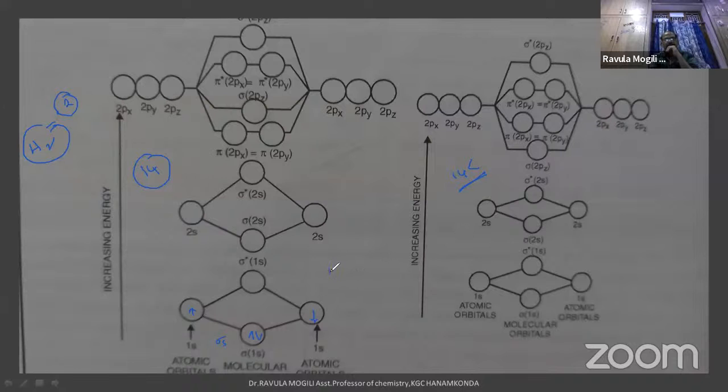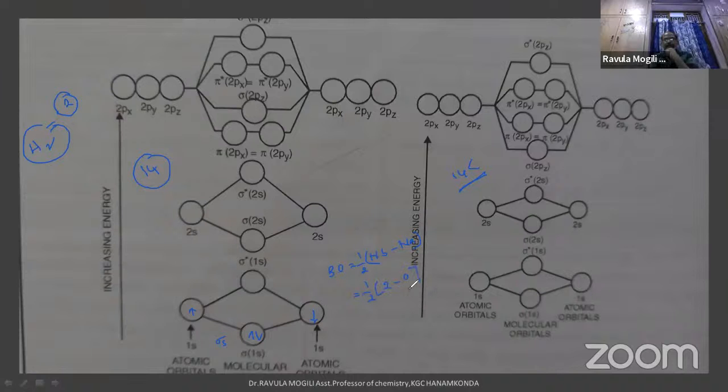Bond order is 1/2 times the number of bonding electrons minus the number of anti-bonding electrons. Bonding electrons are 2 and anti-bonding electrons are 0, so 2/2 is equal to 1. Bond order is 1, so a single bond is present between the 2 hydrogen atoms.